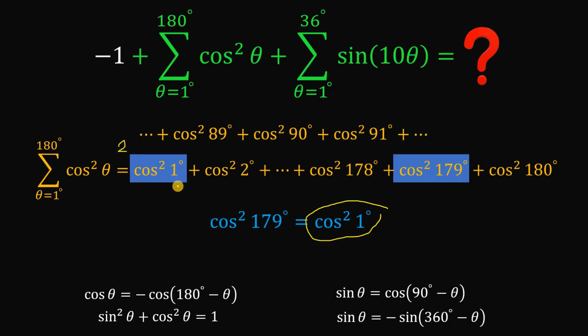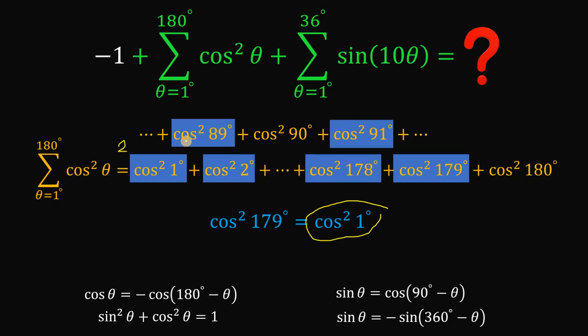We have 2 of them. We also have 2 of cosine squared 2 degrees because these are just the same thing. We also have 2 pairs of cosine squared 89 degrees because these are just the same thing. Also take note that cosine squared 90 degrees, we know this is just equal to 0.